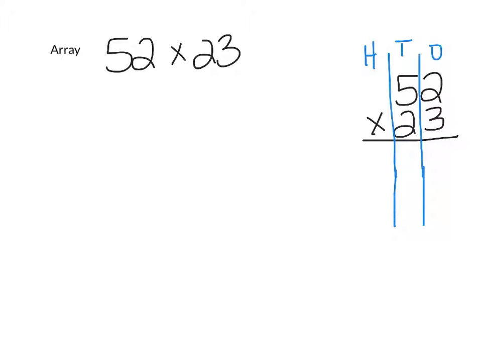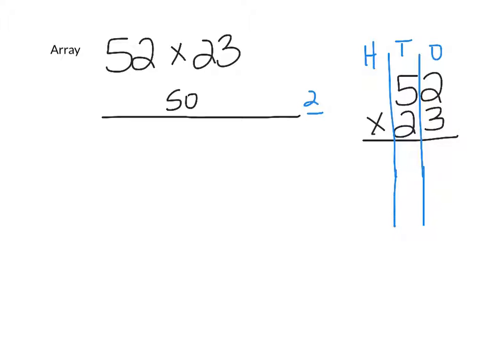So the next array that I'm going to do is 52 times 23, and I'm not going to use the base 10 blocks this time. I'm just going to model it with a rectangular array. So it's going to be a lot like that rectangle method we did earlier, but I'm going to try to keep it kind of proportional. So on my top here, I'm going to have 50 plus 2.